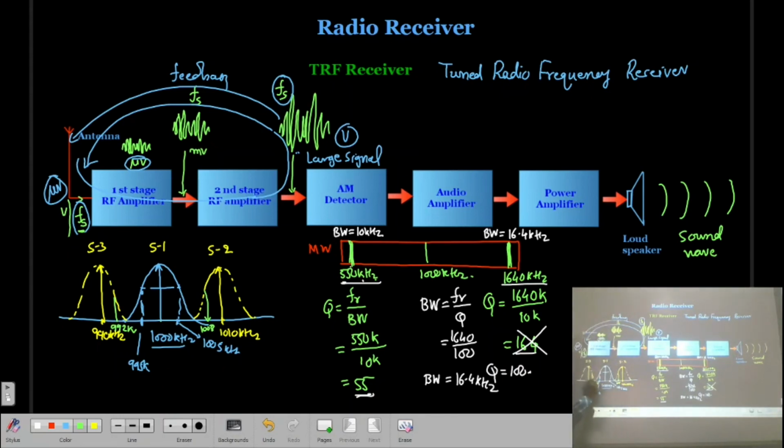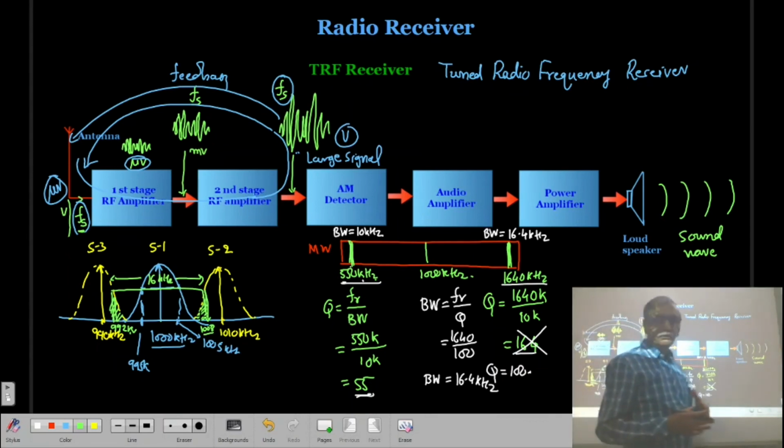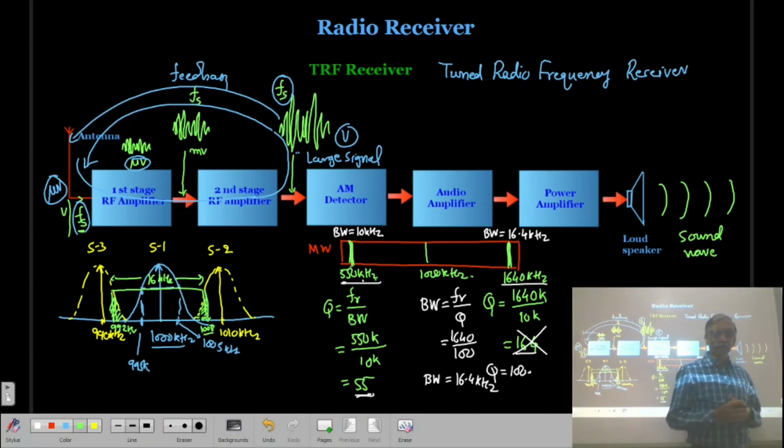So what will happen? Now the resonance curve will accept frequencies between 992 and 1008, since a 16 kilohertz bandwidth is there. It will receive the signal from 992 to 1008 kilohertz. Means whatever information is transmitted by this transmitter, as well as the information transmitted by the transmitter S2, will also be received by the receiver.